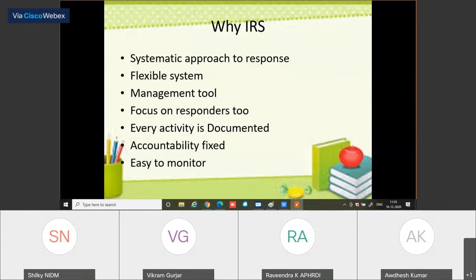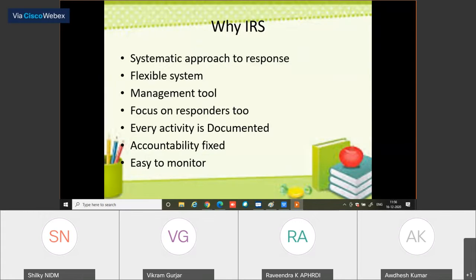And every activity is documented because we may have a basic outline or a basic plan, but every action has a unique reaction, and every hazard situation has to be dealt with differently, because the same set of actions may or may not be utilized in a similar manner.